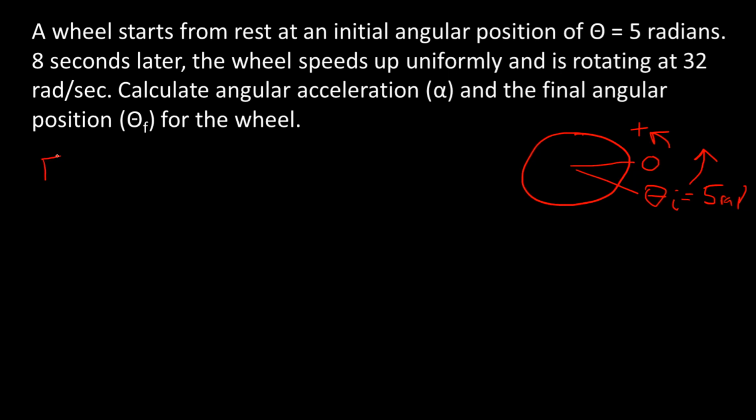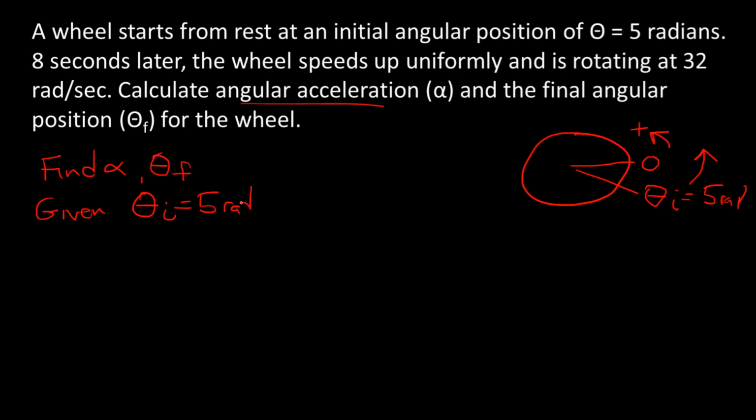So what are we trying to find? I'm trying to find angular acceleration, and I'm trying to find final angular position. Let's see what we can do here. What am I given? I'm given time, and I'm given an initial position equal to 5 radians.